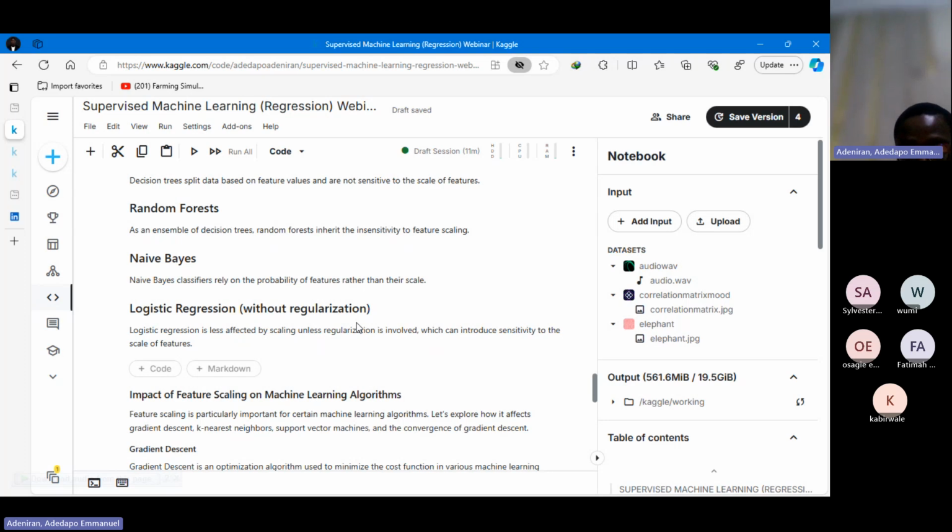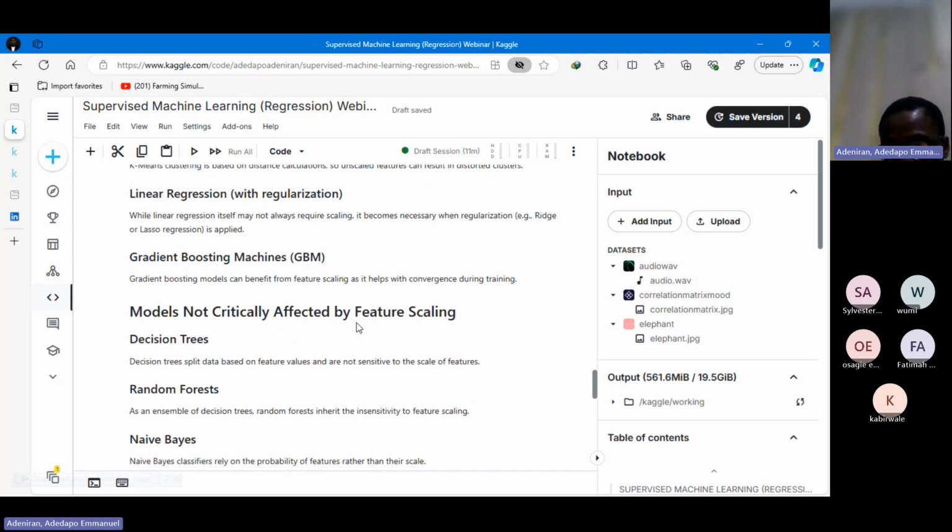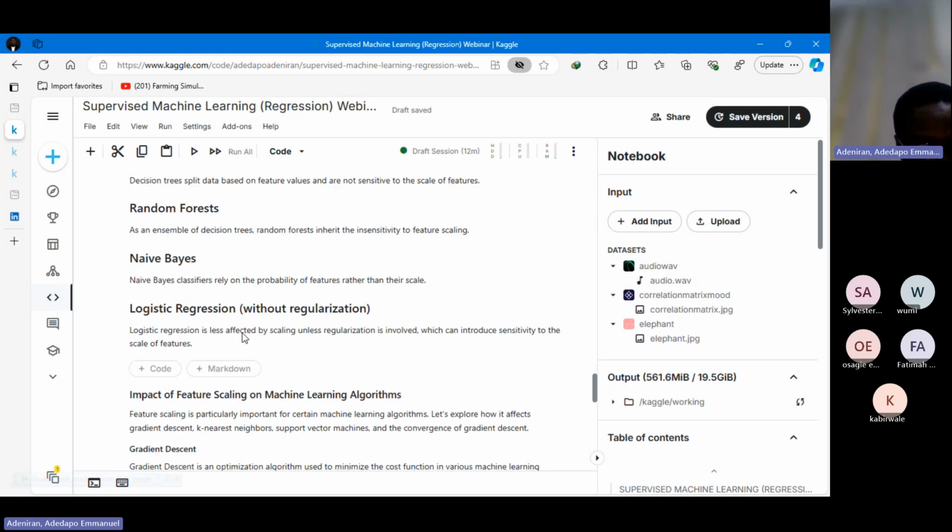They are not affected by feature scaling because there is no distance measurement going on. It's just rule-based algorithms following greater than, less than, yes or no, move to the next leaf, move to this leaf if it's greater than, move to this leaf if it's less than. There are numerous videos you can watch about decision trees to understand how they work and why they are not sensitive to the scale of the features.